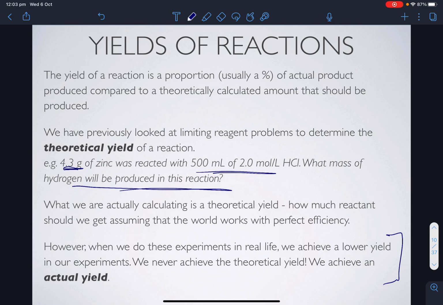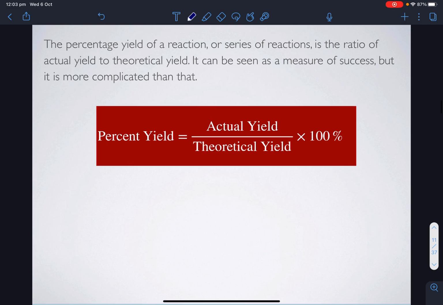We take that into account when we're doing these reactions industrially. So the percentage yield of a reaction is the ratio of actual yield over theoretical yield multiplied by 100%. How much you actually get divided by how much you should have got, times 100%.